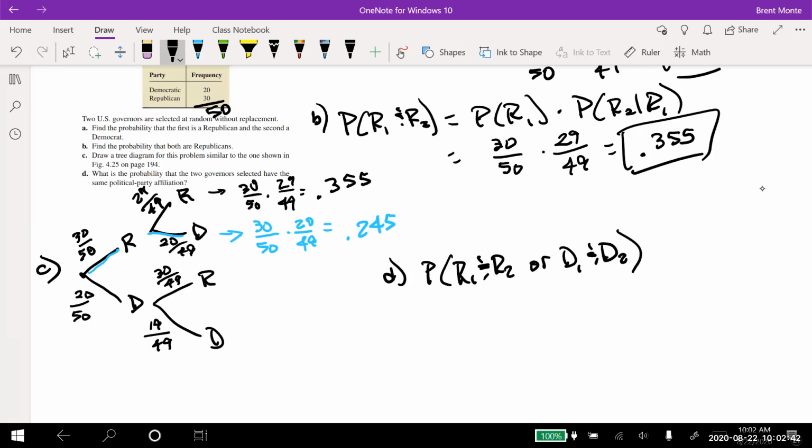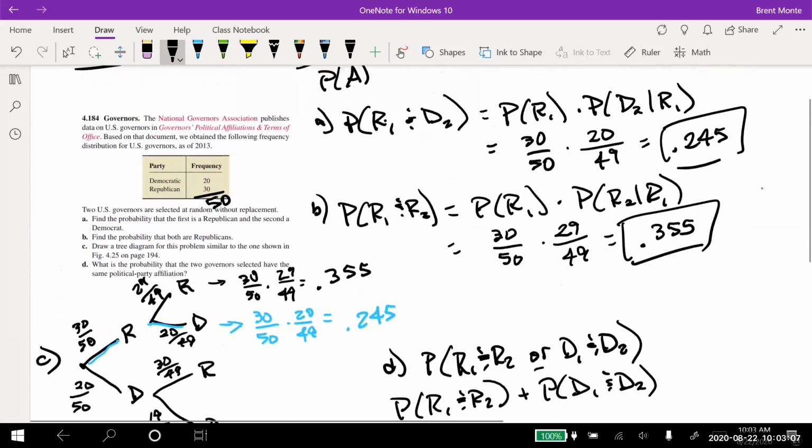Now notice we have an or statement here. That's the addition rule. So that's the probability it's R1 and R2 plus the probability that it's D1 and D2. These are mutually exclusive, so we don't have to subtract away any commonality because there's no commonality.